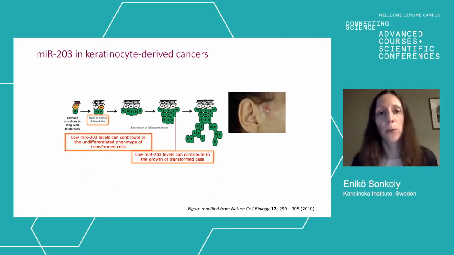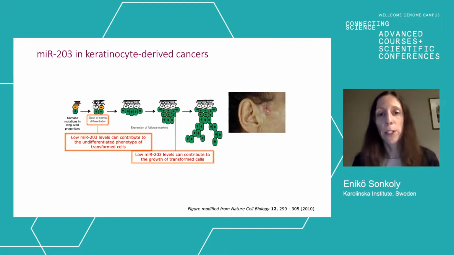So this led us to the model that low miR-203 levels in the basal layer of the epidermis, as well as in cancers, can contribute to the undifferentiated phenotype of transformed cells. And also in already established keratinocyte-derived tumors, low miR-203 levels can contribute to the growth of transformed cells.